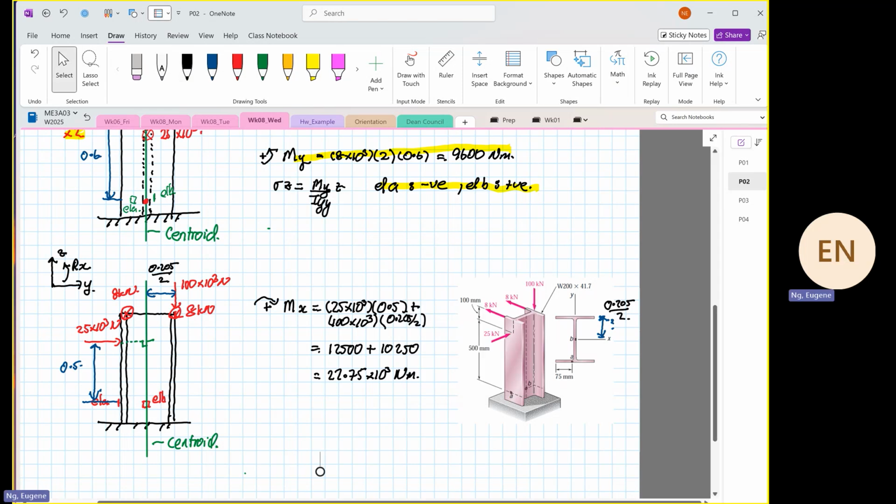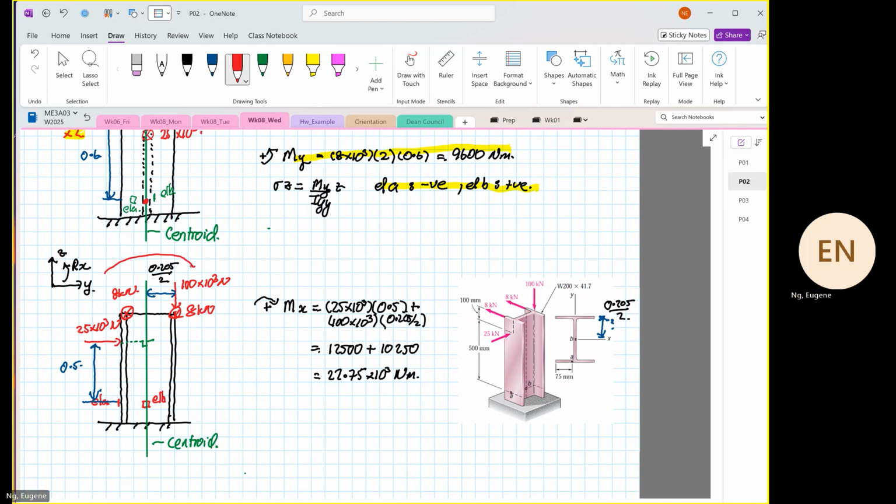And we have the confidence to say that over here we have a moment in X, and over here this is compression, and on this side this is tensile. So from here, we know that the formula we're going to use is stress Z is equal to Mx over I multiplied by Y. And we are aware that for element A, is it tensile or compression?